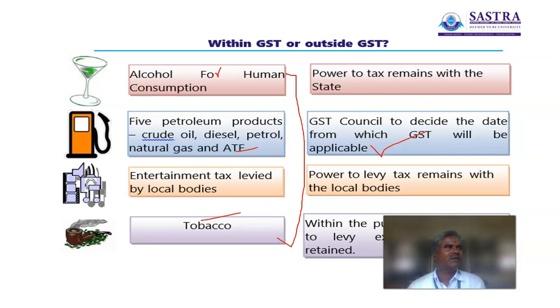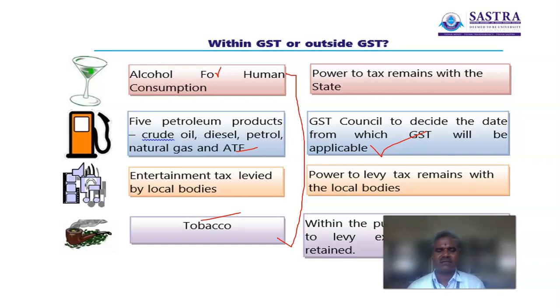Take for example, we are going to organize a program in a hall owned by the local authority, Tanjavur Municipal Corporation or Chennai Corporation. Here we need not pay any GST for that hall. Simply we have to pay only hall rent and other maintenance charges.